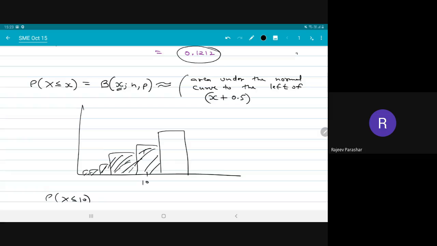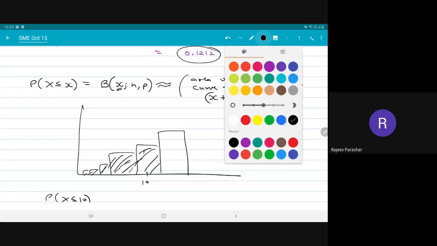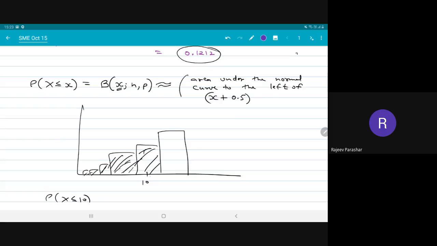If we approximate this with a normal distribution, what we have to do is select a value to the right of 10, that is 10.5, and select this area.